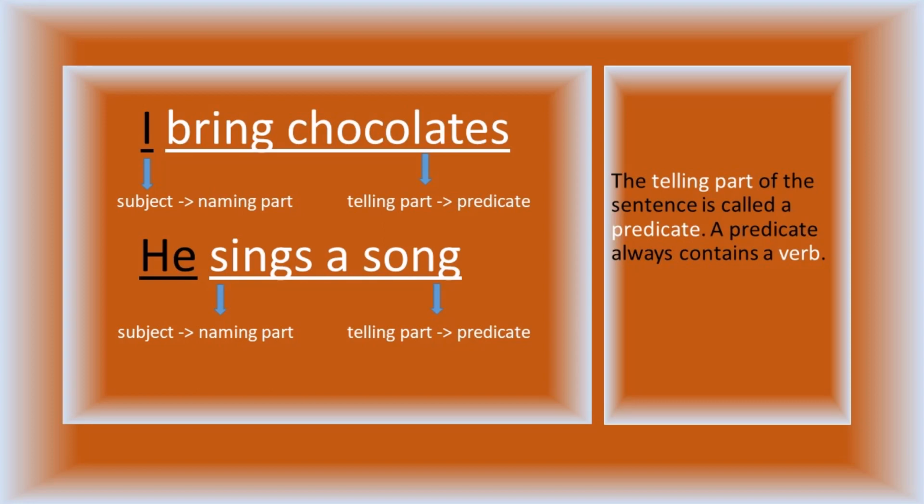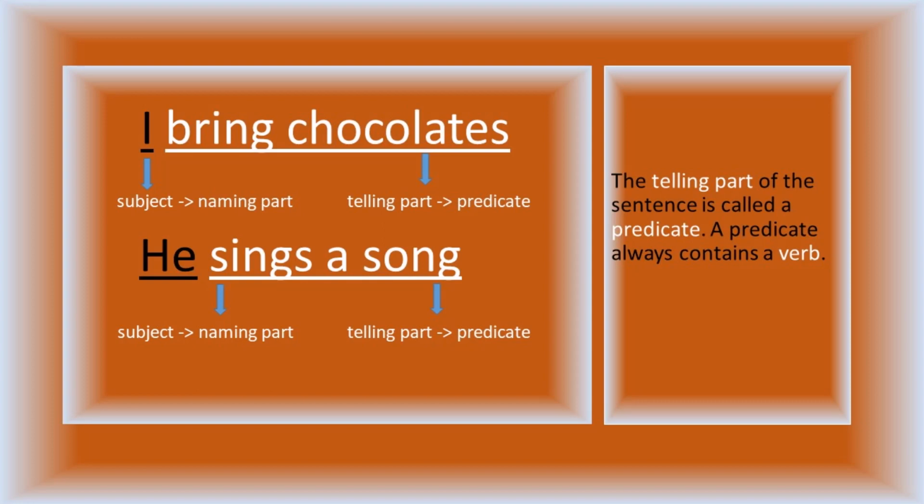The telling part of the sentence is called a predicate, and a predicate always contains a verb. So in the predicate part, or in the telling part, there will always be a verb. Understood? What about the second sentence? He sings a song.